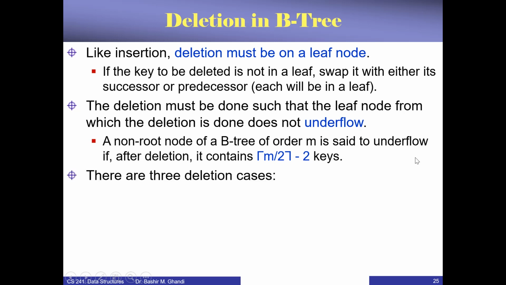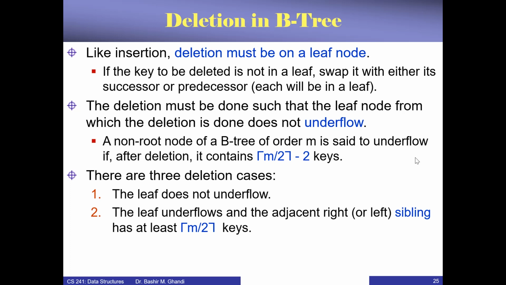All right. Now there are 3 deletion cases. For insertion, there are only 2 cases: whether the node doesn't overflow or whether it overflows. But here there are 3 cases. Case number 1, the leaf does not underflow. If this is the case, just delete, no issue.